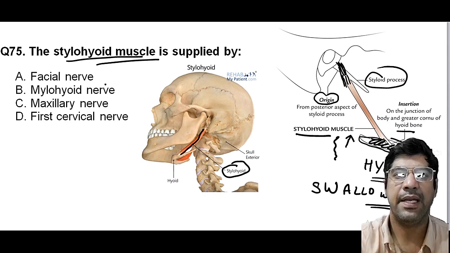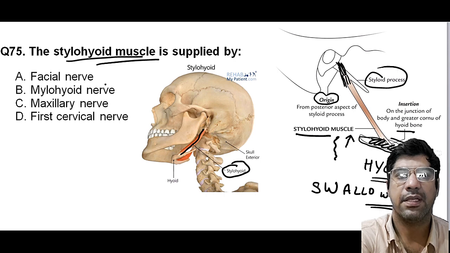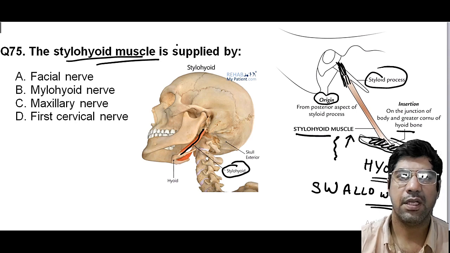So your answer is that it is supplied by the facial nerve. Let us move to the other options. The mylohyoid nerve is not well recognized. The mylohyoid muscle is a muscle of the floor of the mouth.